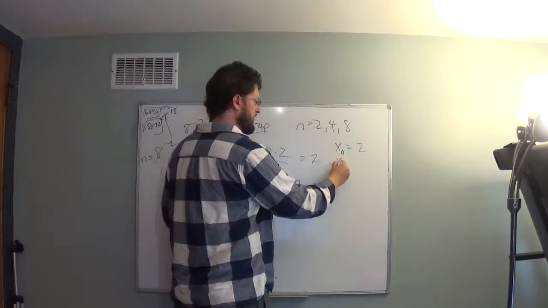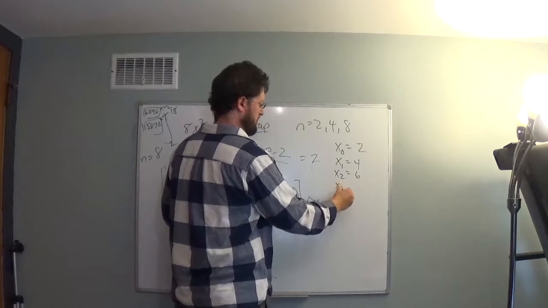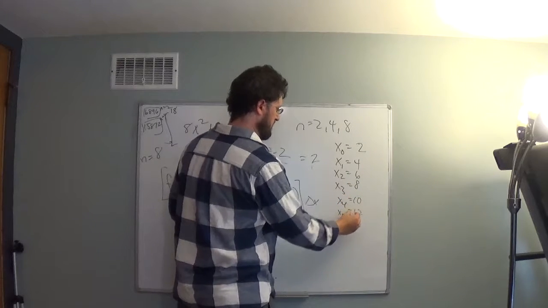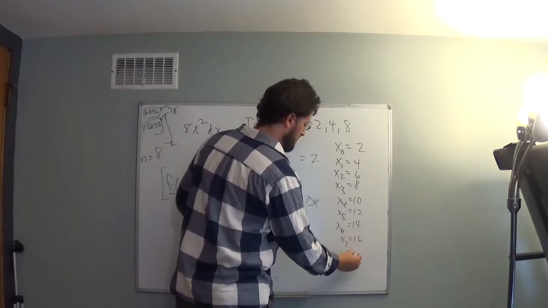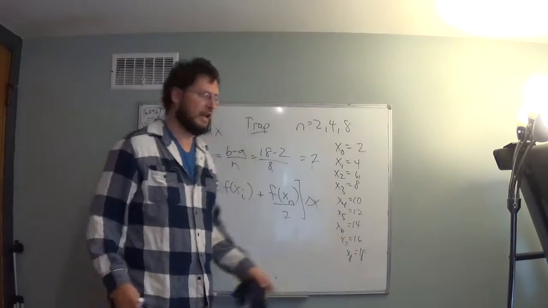Then we're going to add 2 each time. And then by n equal 8, we should get to our endpoint of the integral.